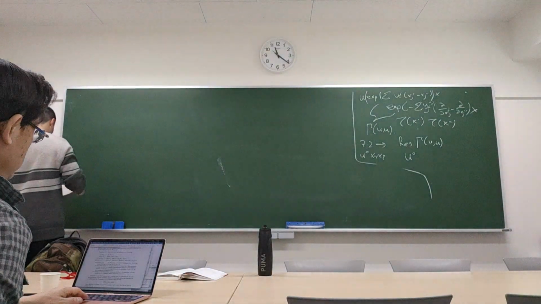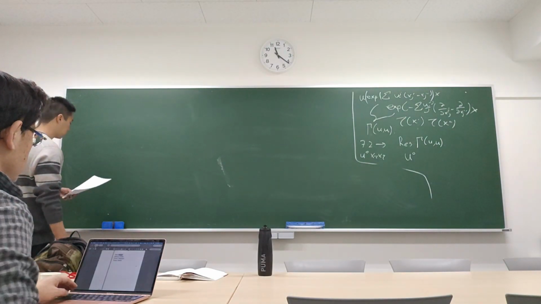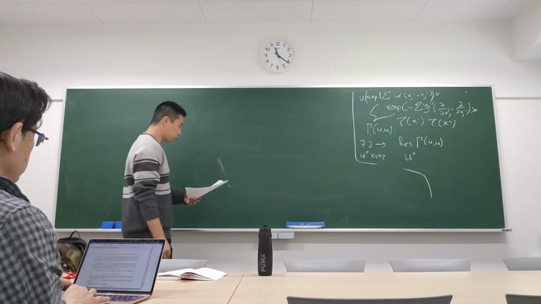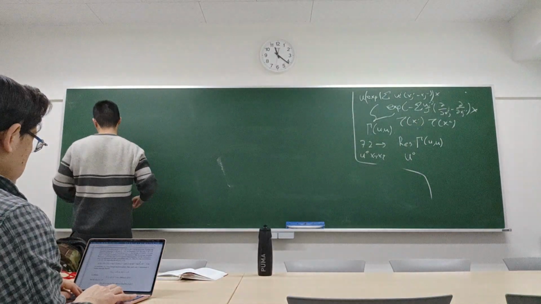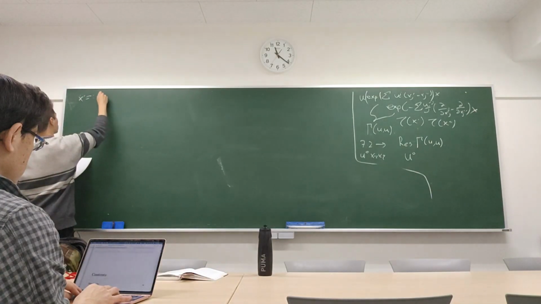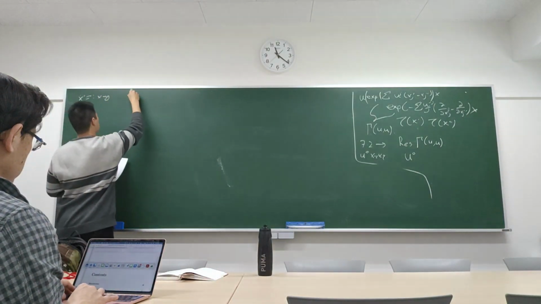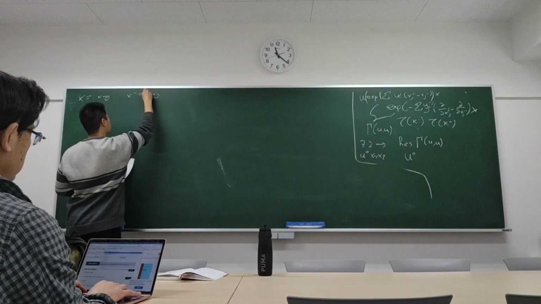Okay. So here, I'm not going to introduce the Hirota bilinear equation yet. I want to push on, and I'm going to do a change of variables. So x prime is going to be x minus y, and x double prime is going to be x plus y.